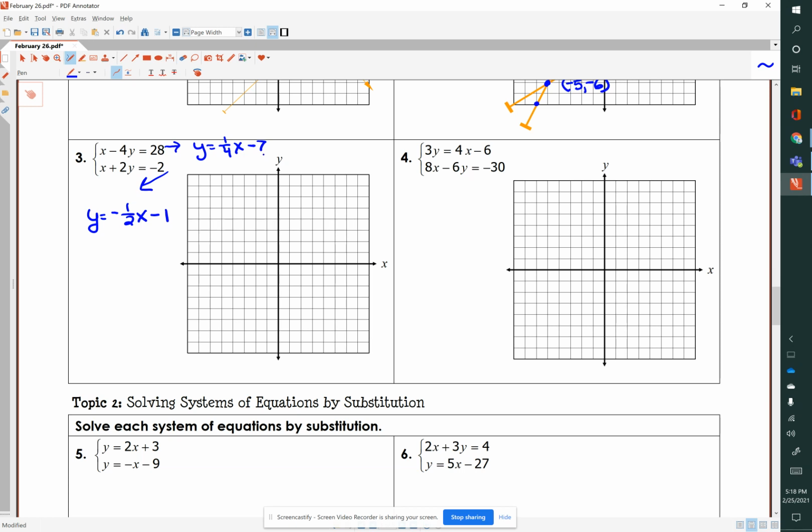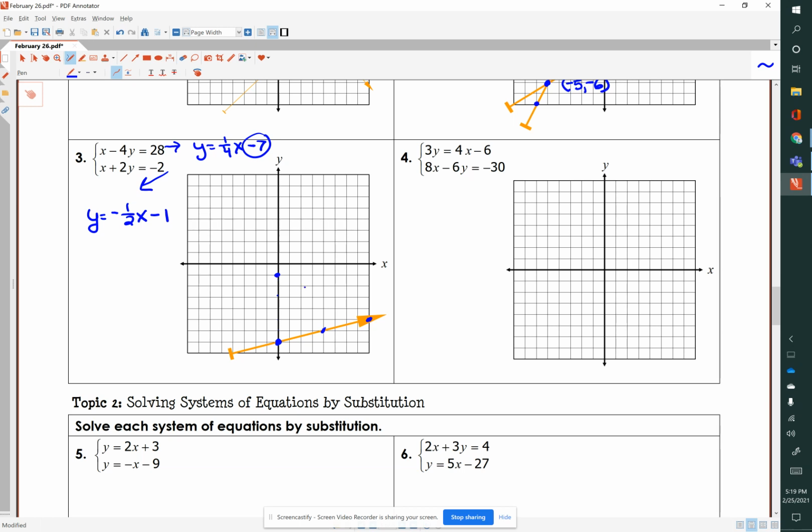So let's graph the first equation. We're looking for a y-intercept of -7. 1, 2, 3, 4, 5, 6, 7. And a slope of 1/4. So up 1, over 4, up 1, over 4. And for the second equation, we have a y-intercept of -1 and a negative slope of 1/2.